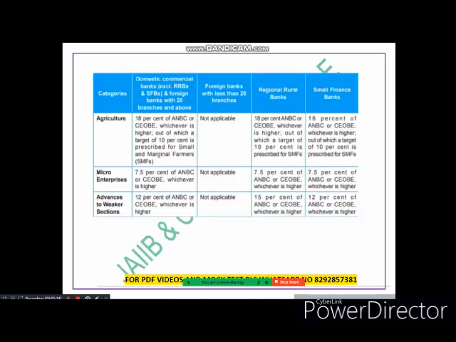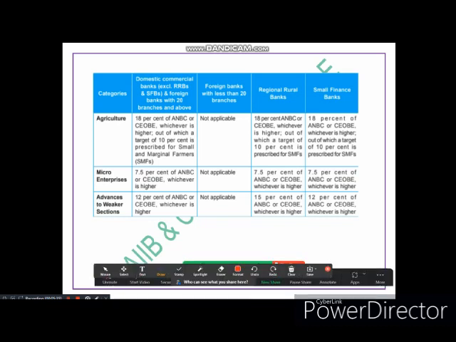So now agriculture at 18%, micro enterprise at 7.5%, advances to weaker section 12%. For advances to weaker section in the case of domestic commercial banks, please remember the limit is 12% of ANBC or COB, while for RRBs it is 15%, and for small finance banks this is 12%.